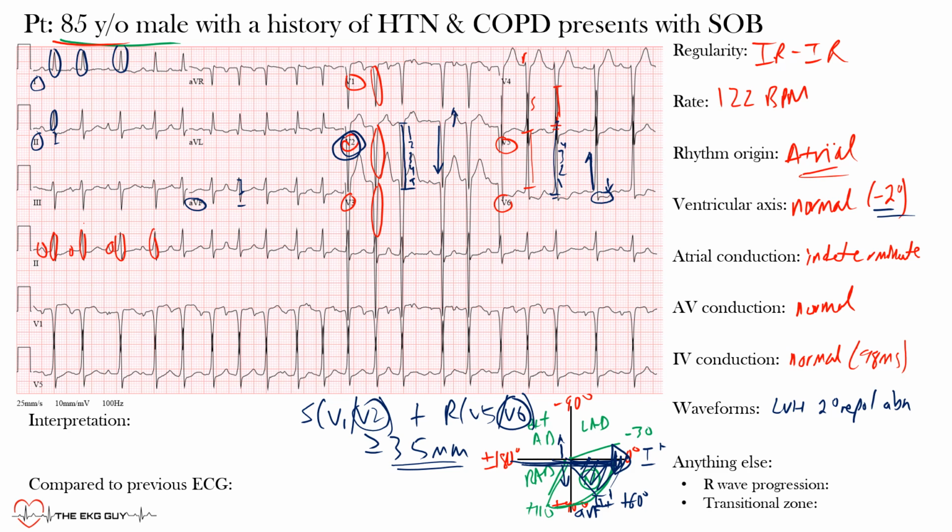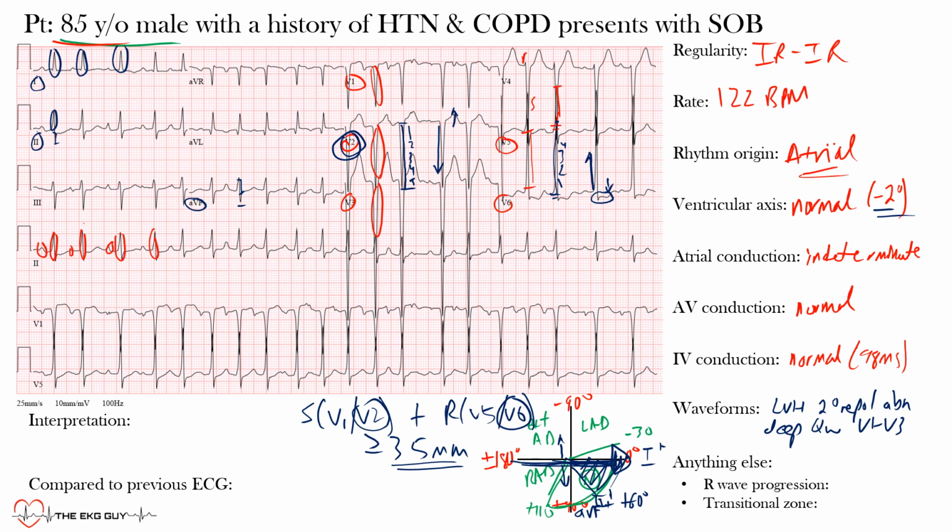So those are discordant things. We also mentioned the deep Q waves in V1 to V3 to be aware of, because that may suggest that we have either an ongoing infarct or one that was previously present.